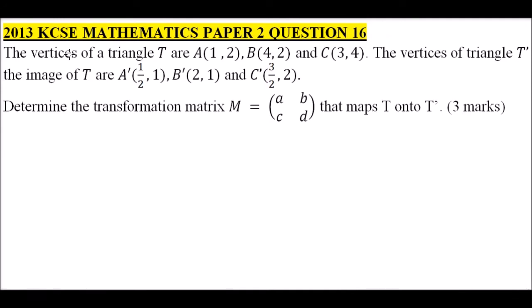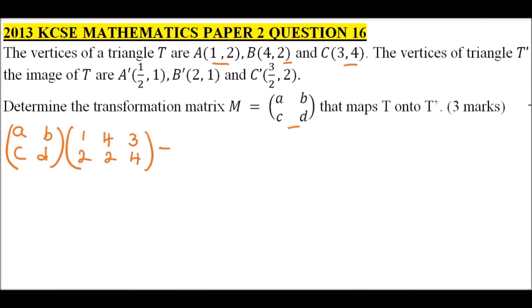So what we do here is that because we have the transformation matrix (A, B, C, D), we write A, B, C, and D, and we multiply by the matrix which we can form using the coordinates of the object, the 3 points: this is (1, 2), this is (4, 2), and this is (3, 4).